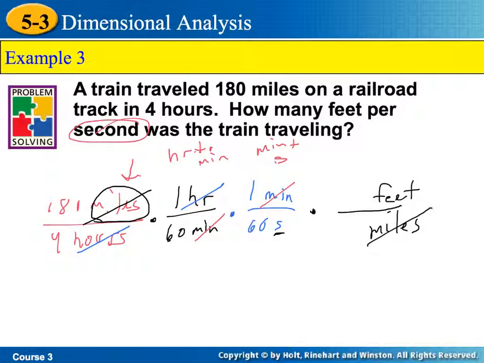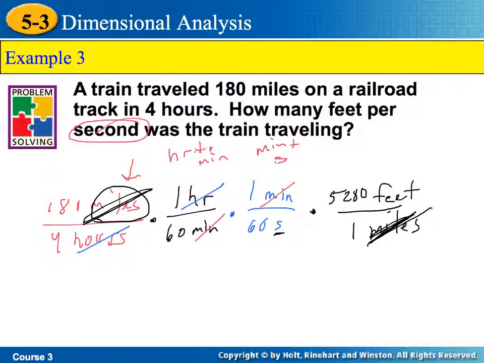I can simplify those two labels because both of them have the same label. And if you don't know, there are 5,280 feet per mile. So I'm changing my miles into feet, but I need to make sure that my miles is on the bottom because of the way it's set up in the beginning.